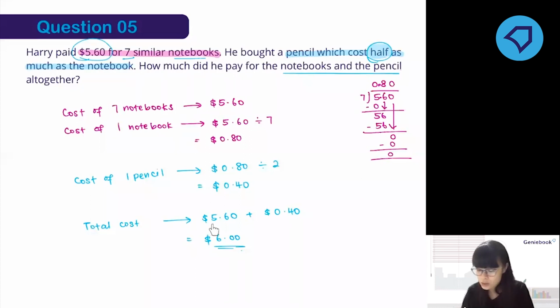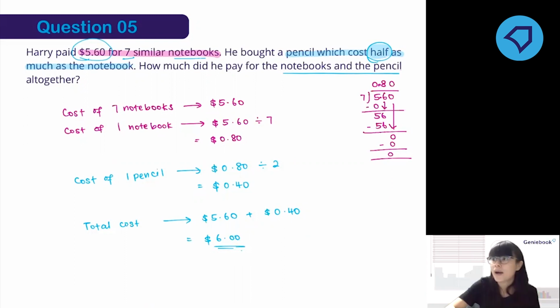So this is the cost of 7 notebooks, which is already given to you over here. So please do not take 80 cents times 7. There's one extra step that you need to do, because it's already given over here. So take 560 plus the cost of the pencil, and that will be a total cost of $6.